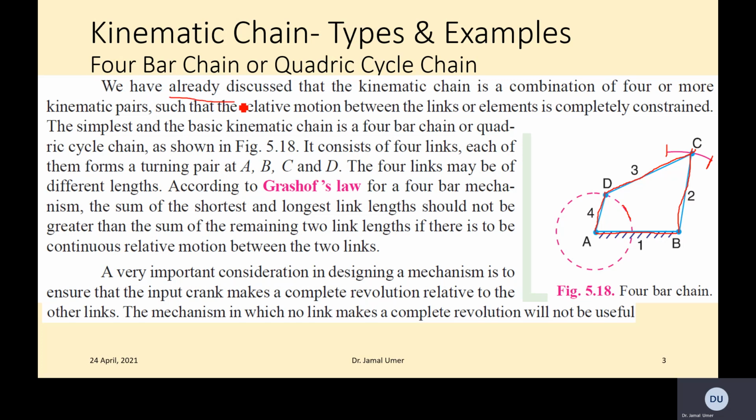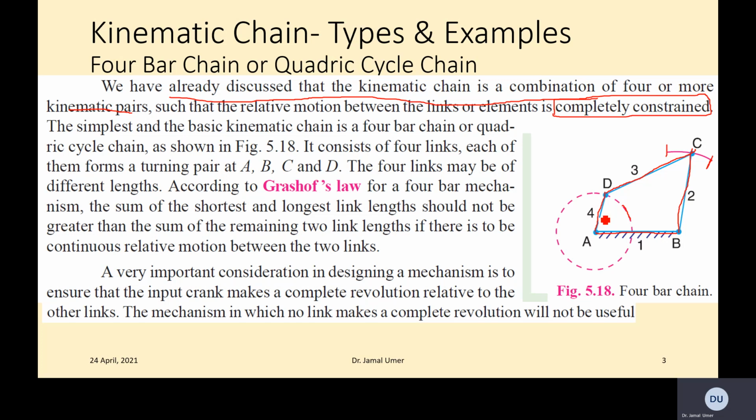We have already discussed that a kinematic chain is a combination of four or more kinematic pairs such that the relative motion between the links or elements is completely constrained. This is something we discussed briefly in the last lecture. Completely constrained motion is one where you are able to get a definite motion. For example, in this link, link 4 rotates and point C is oscillating.